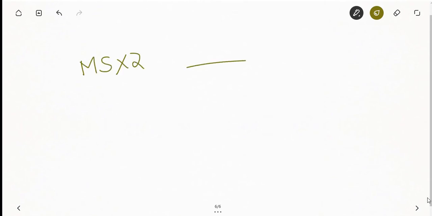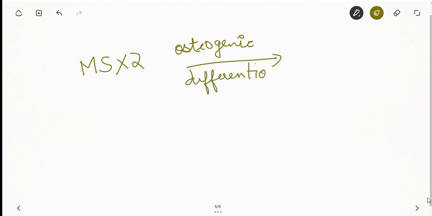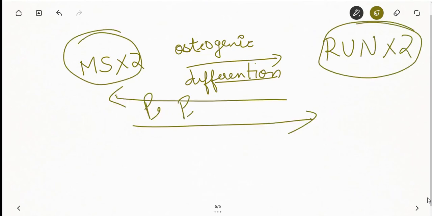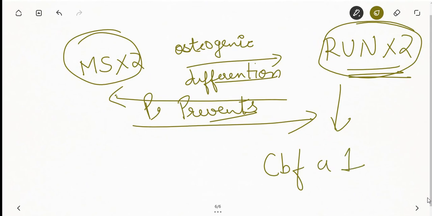The thing that you have to remember for your exam is that the MSX2 gene prevents the osteogenic differentiation of periodontal ligament cells by repressing RUNX2, which is also known as CBFA1, core binding factor alpha.